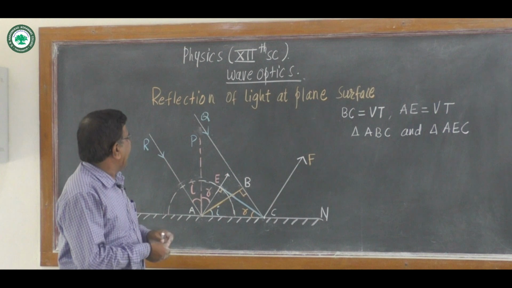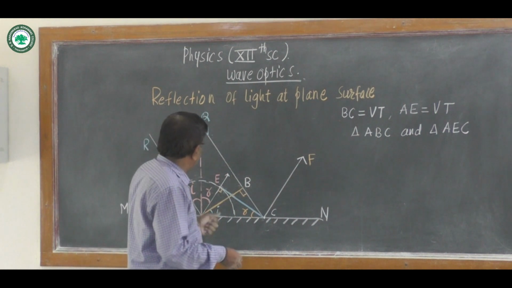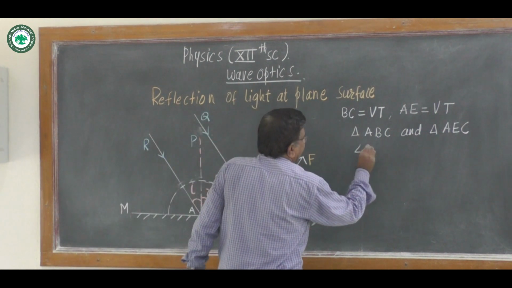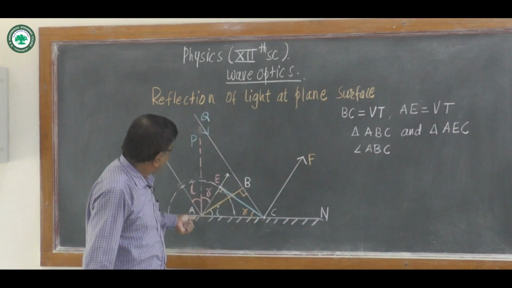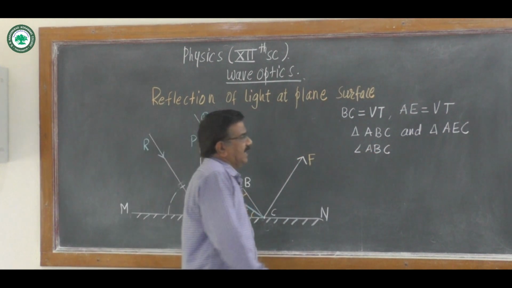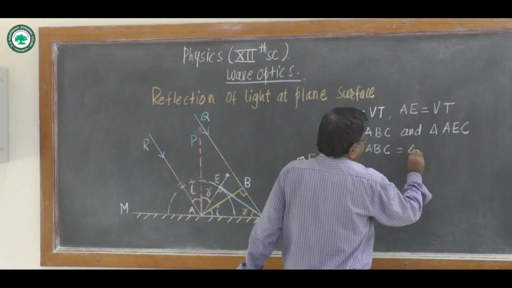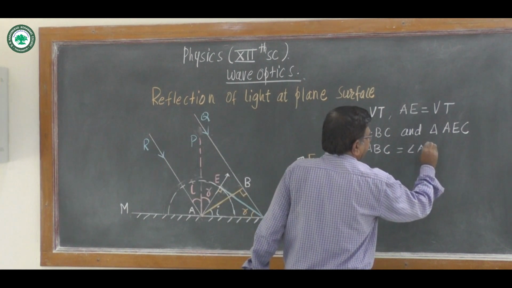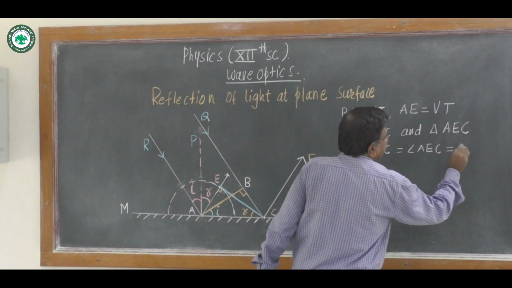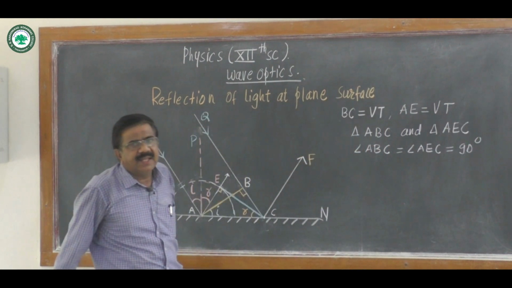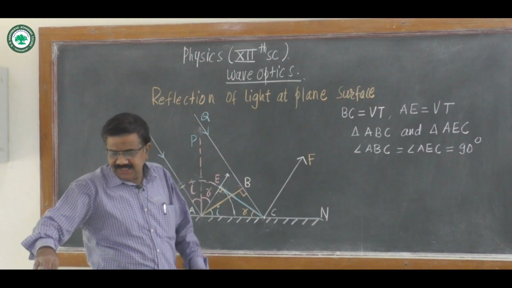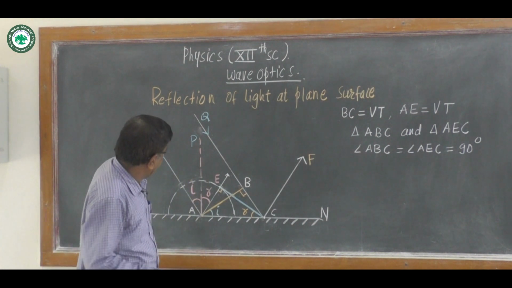In both these triangles, angle ABC is equal to angle AEC, and from the figure that angle is 90 degrees.